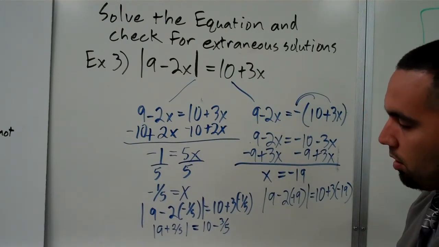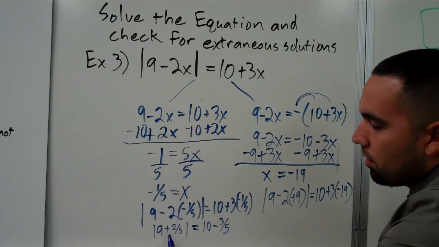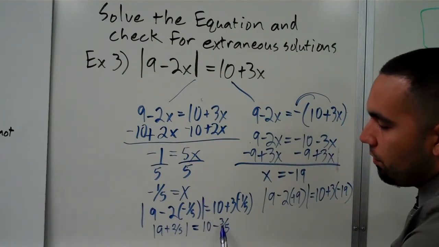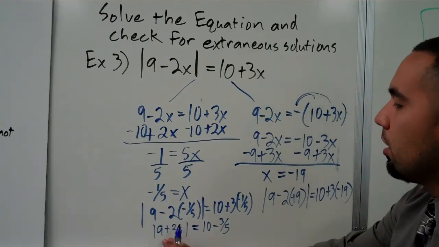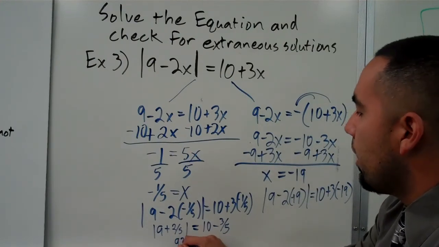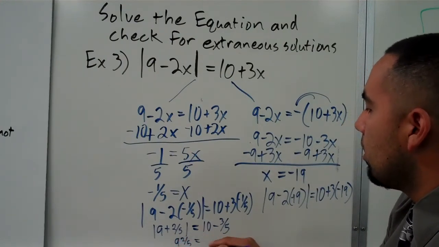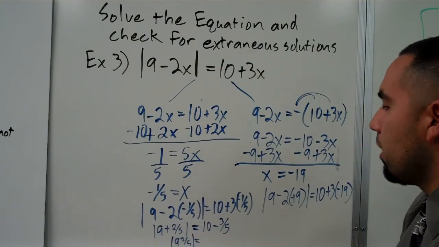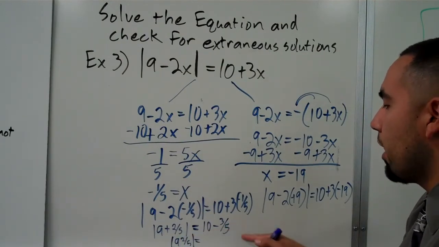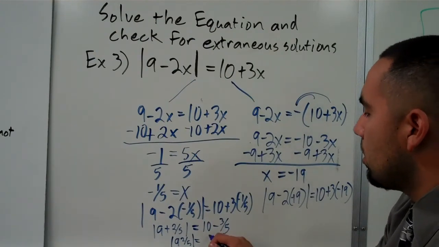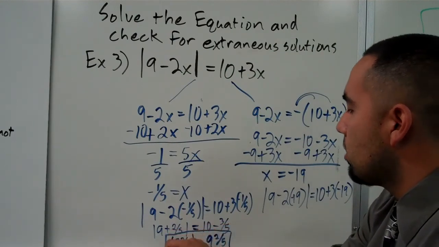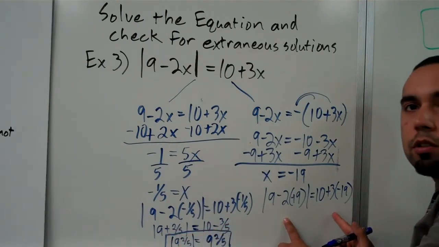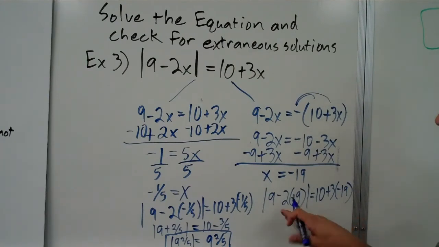So here I have a positive, here I have a positive, and 3/5 is just over 1. Is this going to equal out? I don't think it is. So if I actually work this out, I have 9 and 2/5, but here I get 10 minus 3/5. Well, actually that does work out. That's 9 and 2/5. So I'm good there. That's an okay solution.